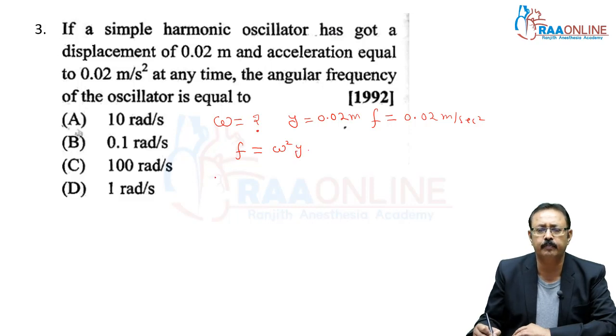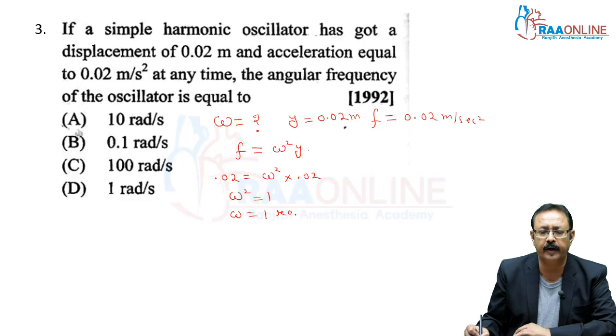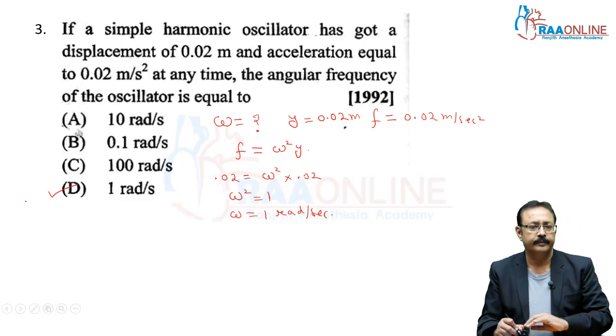F is 0.02, and y is also 0.02. So omega square is 1, so omega is also 1. The unit of angular frequency omega is radian per second. So we are going with D option.